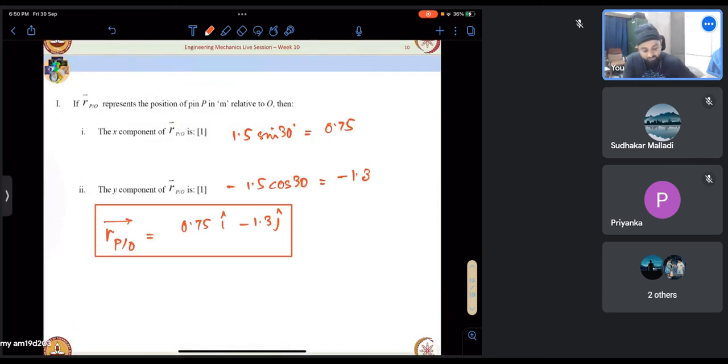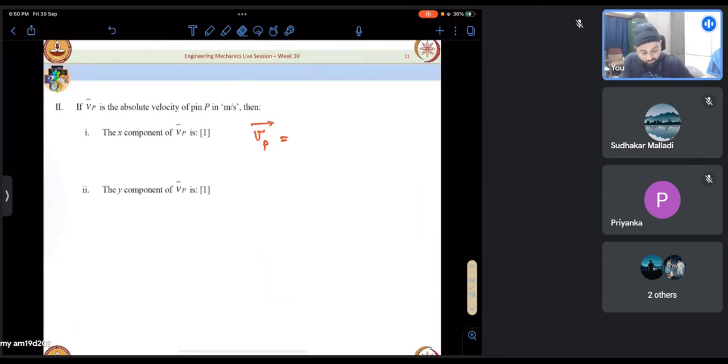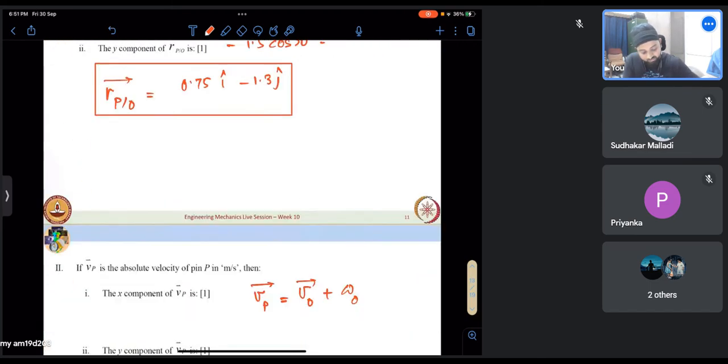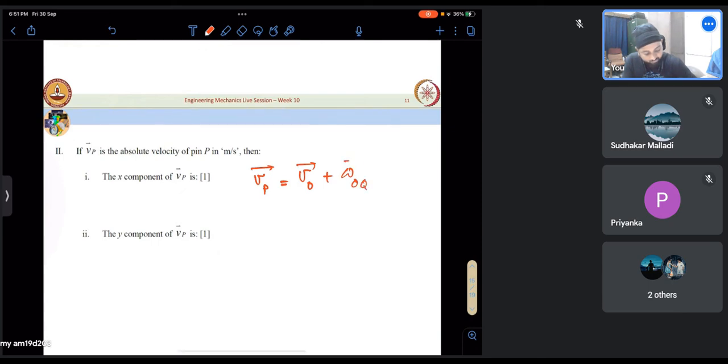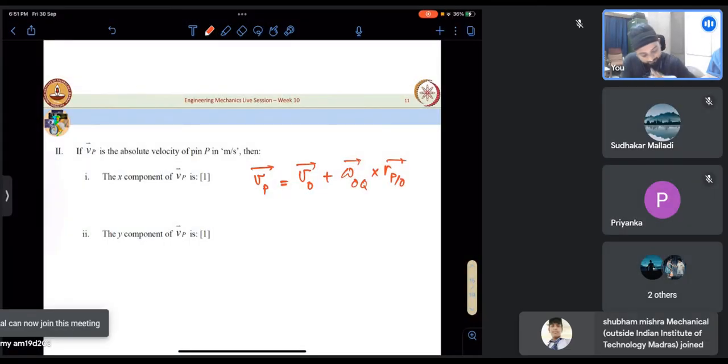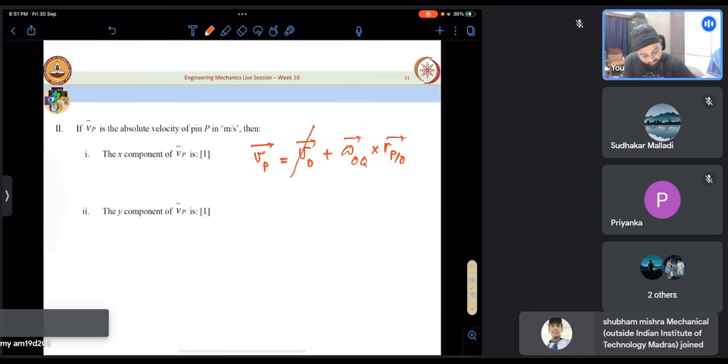So velocity of pin P is velocity of O plus omega OQ cross RP with respect to O. Yeah. So this we know to be 0.